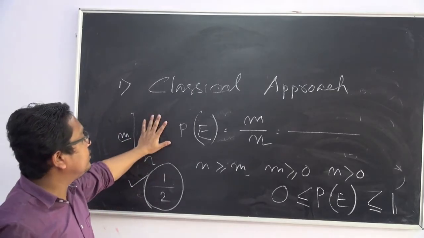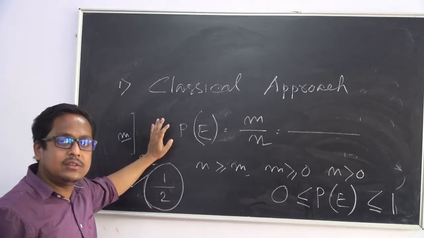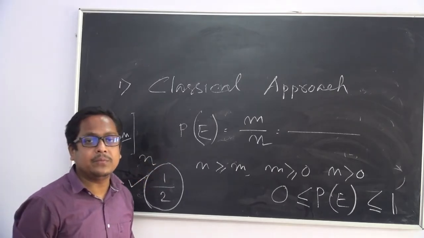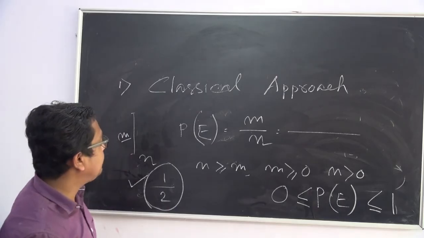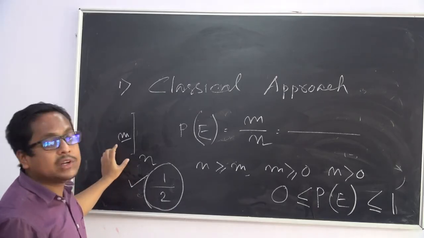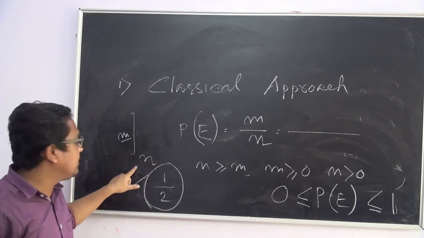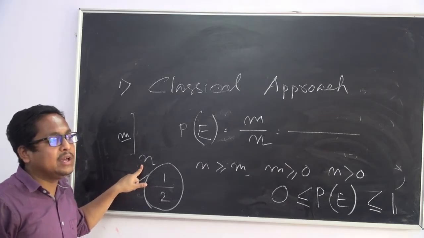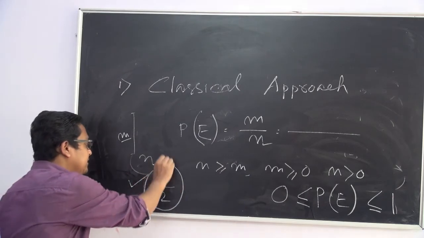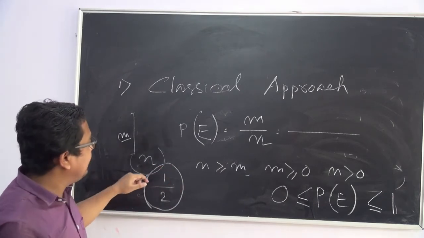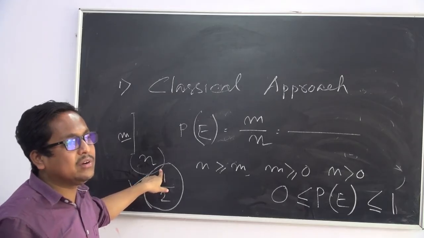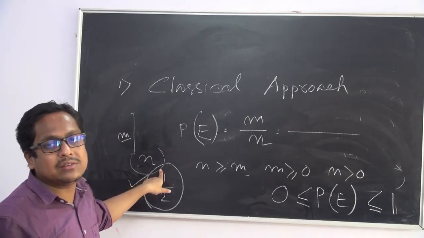This definition has one advantage: it is very easy to calculate and understand. But some disadvantages are also there. First disadvantage, some conditions are applied: n must be exhaustive, mutually exclusive and equally likely cases. But in most practical cases, we cannot find exhaustive or mutually exclusive cases.